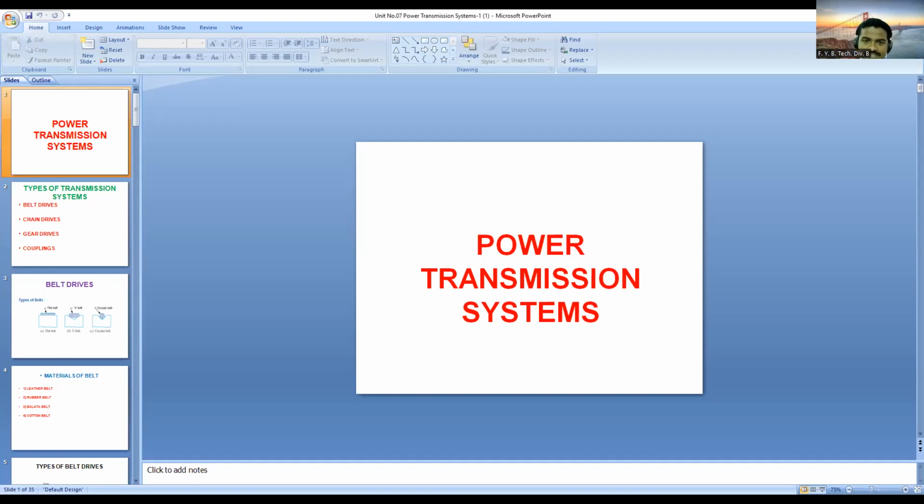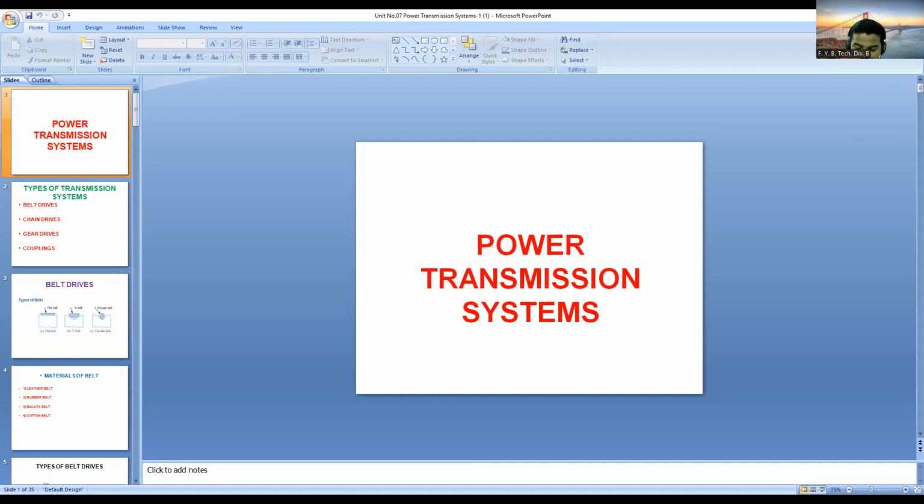Now you may have the question, how to select the type of belt. For a particular application, you have to do belt selection. So what should we do? We should apply the criteria of climate conditions, temperature, right? That is one of the important factors that we should consider.